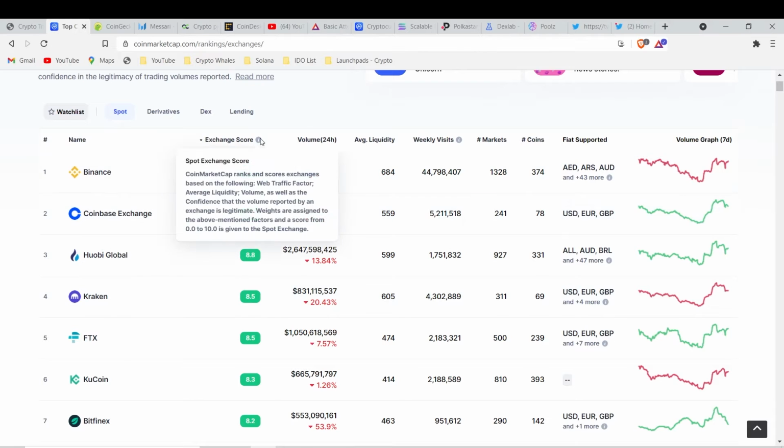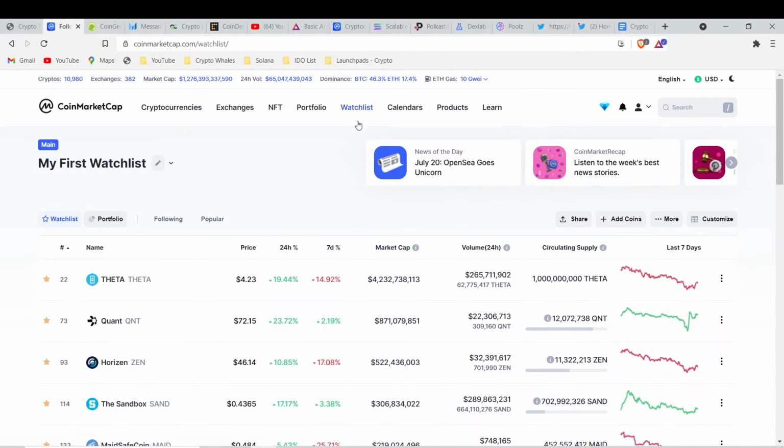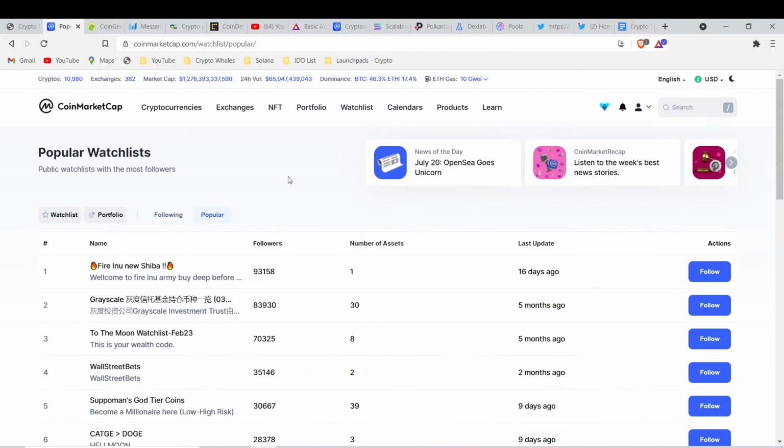You would want to invest or buy your cryptocurrencies on a platform, or in this case an exchange, that has a high exchange score. Now, the next section of CoinMarketCap that I would highly recommend we look at is the Watchlist. Obviously, when you come to Watchlist, you have to be logged in. So I would highly recommend you create a login within CoinMarketCap, and you can go to Watchlist, popular.